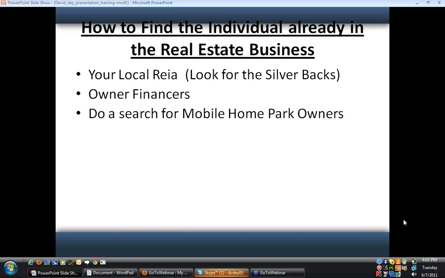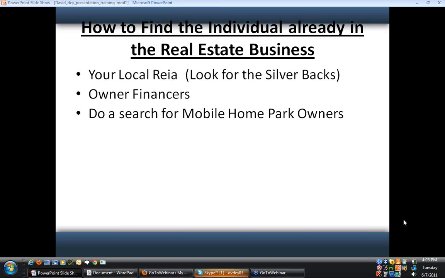But because the government's involved, that's public records, and we have the right to full access to that database. So you can go to your county assessor's office or appraiser's office and ask them for a list of every single mobile home park in the county, and they will give it to you.